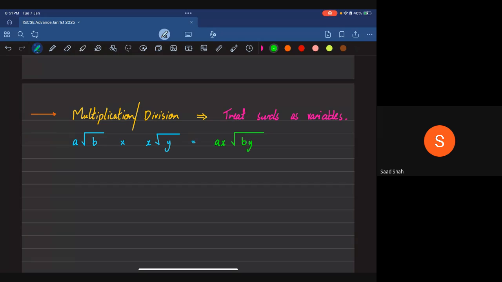Similar is the case with division. If I were to divide these with each other, again, a over x is going to remain the same. Take the whole root. Now, why is that happening?